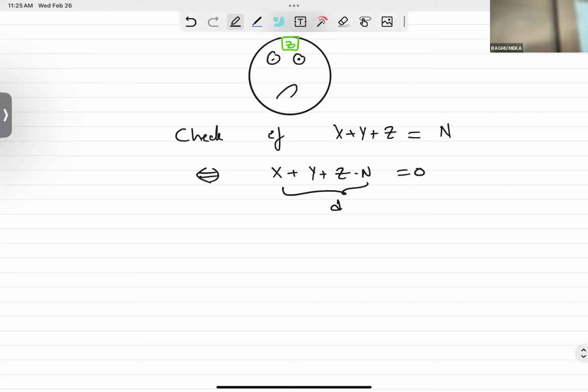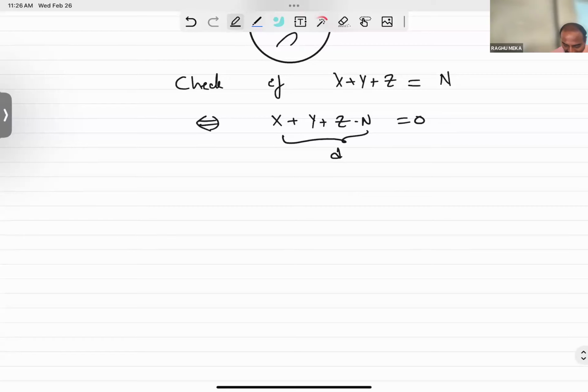Let me call this number D. Think of it as the common difference of a 3AP that we're going to build. So what is Alice going to do? Alice is going to look at a specific number which only depends on what she sees. That specific number is minus Y minus 2Z. Why this? Just play around with it and you'll find it.